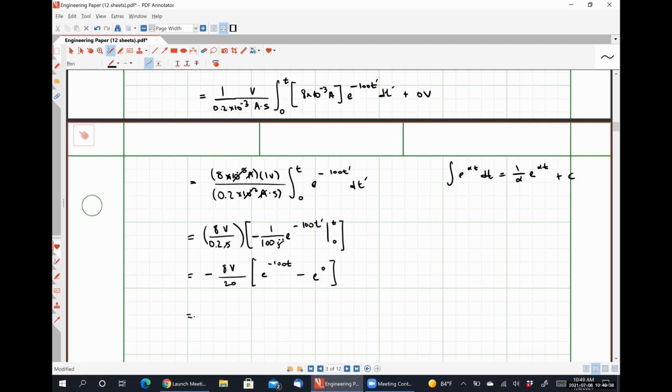So this would look like 8 over 20 is 0.4. So negative 0.4 e to the minus 100t plus 0.4 volts. So this is our capacitor voltage as a function of time based on this exponential current flowing through our capacitor.